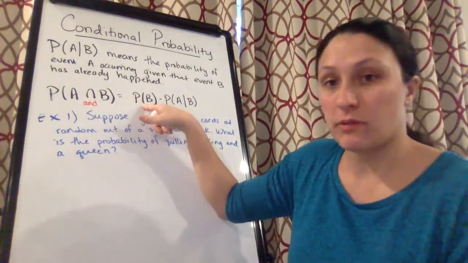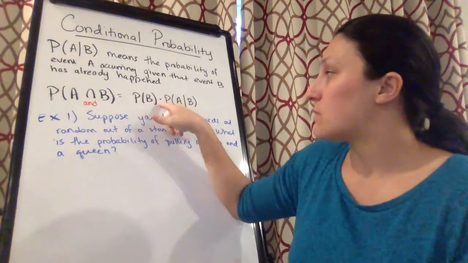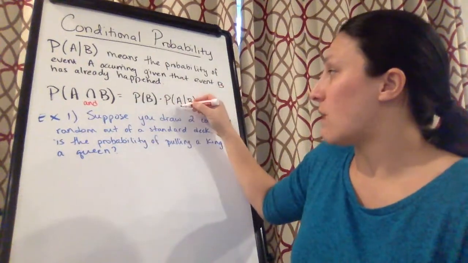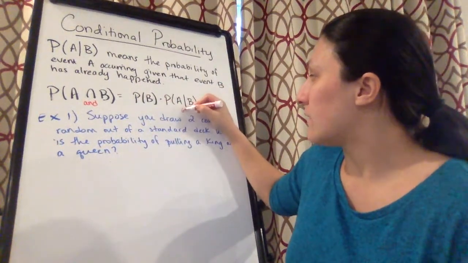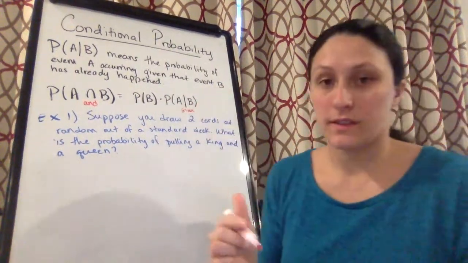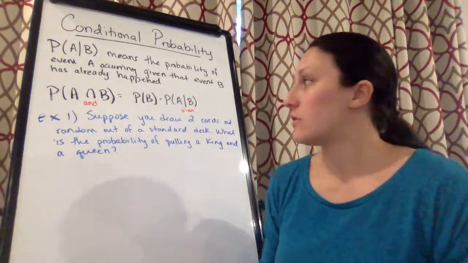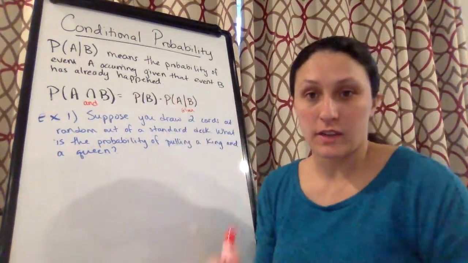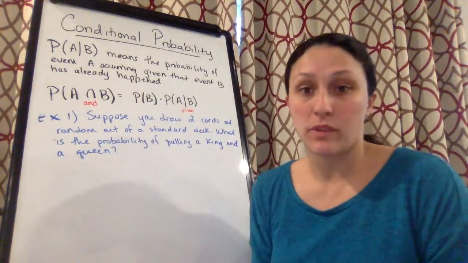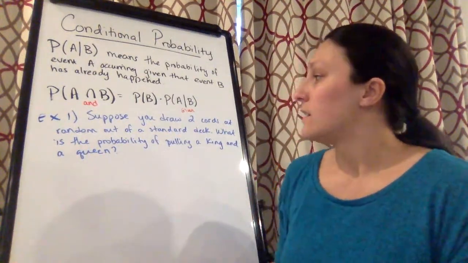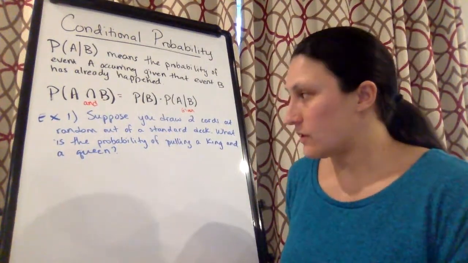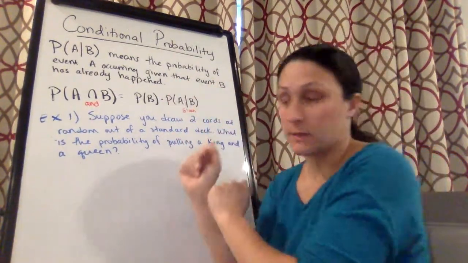So you find the probability that B happens, and then you just multiply by the probability that A also happens, but given that B has already happened. Okay, so now we know two notations are written on here to help us become more familiar with the mathematical notation.